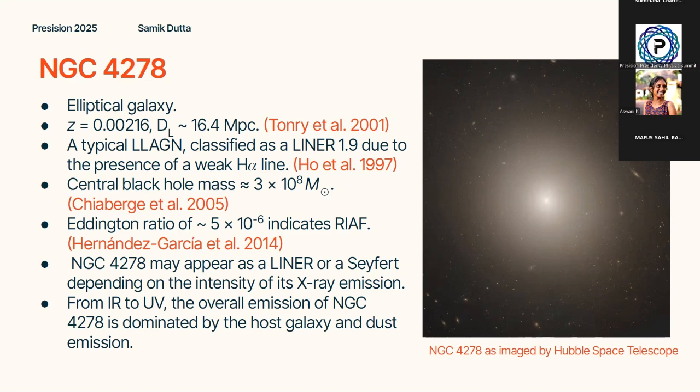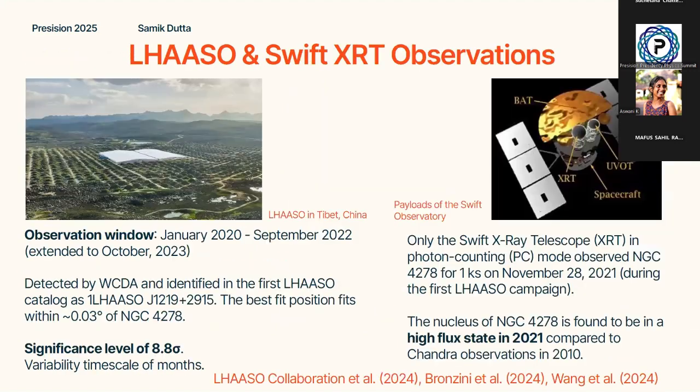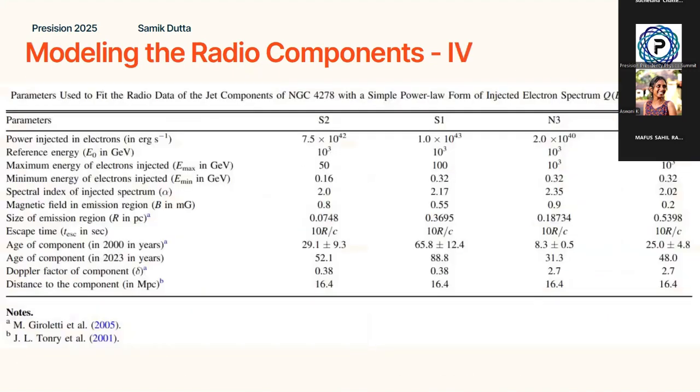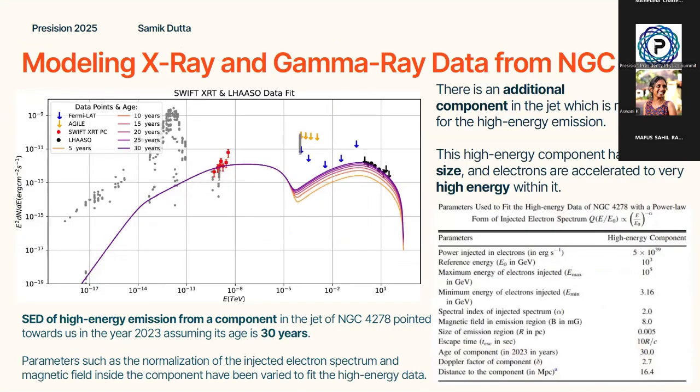The Doppler factor delta is 2.7. So these are the reference energies for our high energy component, which we have injected around 10 to the power 5 GeV. This is the minimum energy and this is the maximum energy for our electrons, like the power law that we have injected.